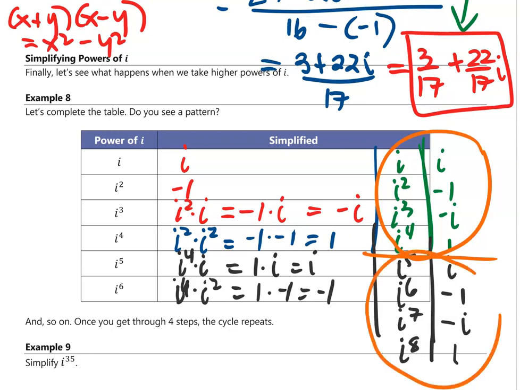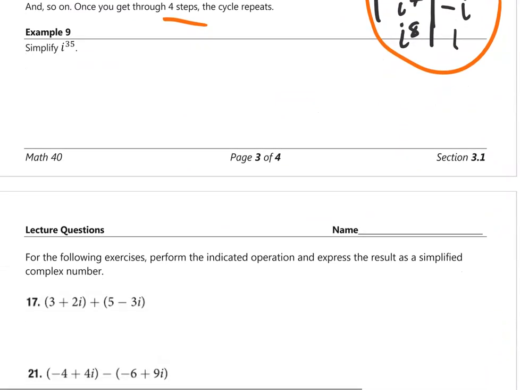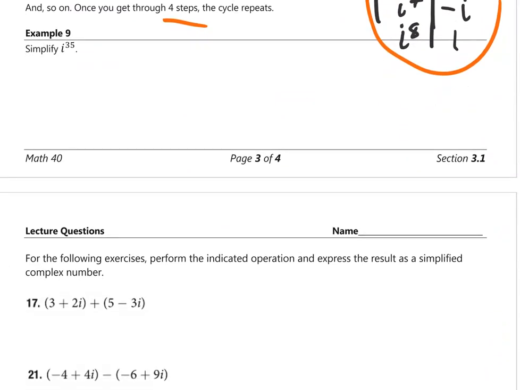The next 4: i, negative 1, negative i, 1. And so on and so forth. It's always going to be like that. And once you get through 4 steps, the cycle repeats. Now, how do we simplify i to the 35th power?